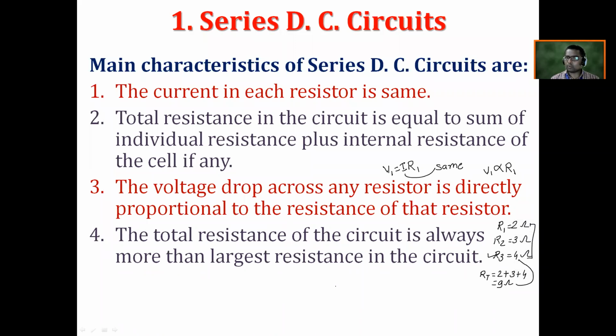We are doing addition here, so that is the main characteristic. The total resistance RT of the circuit is always more than the largest resistance in that circuit, and the largest resistor here is 4 ohm. Are you clear on that point?